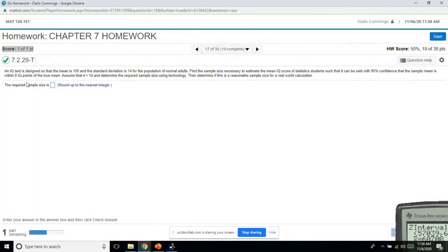It reads, an IQ test is designed so that the mean is 100 and the standard deviation is 14 for the population of normal adults. Find the sample size necessary to estimate the mean IQ score of statistics students such that it can be said with 95% confidence that the mean is within 8 IQ points of the true mean, assuming that the standard deviation is 14, and determine the required sample size using technology.